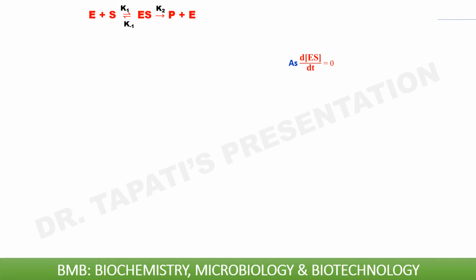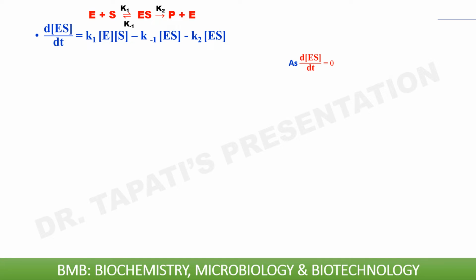As I told you, the overall rate of production of ES is the difference between the rates of the elementary reactions leading to its appearance and those resulting in its disappearance. Therefore, I have shown that d[ES]/dt is equal to K1[E][S] minus K-1[ES] minus K2[ES].